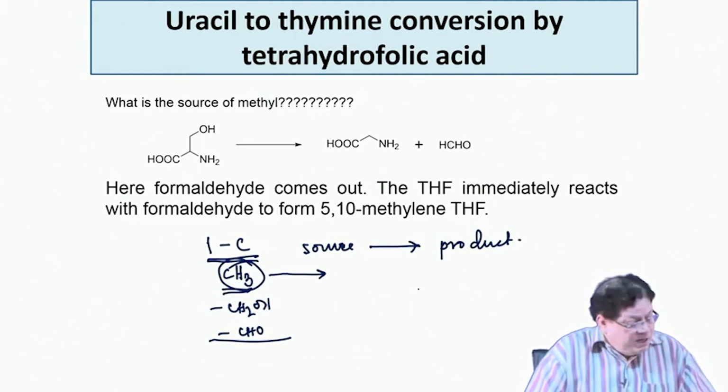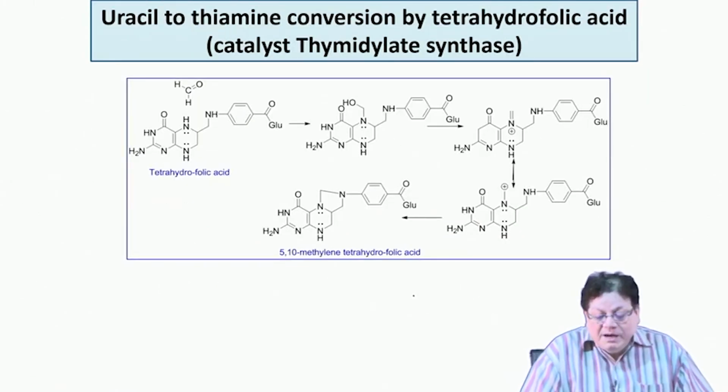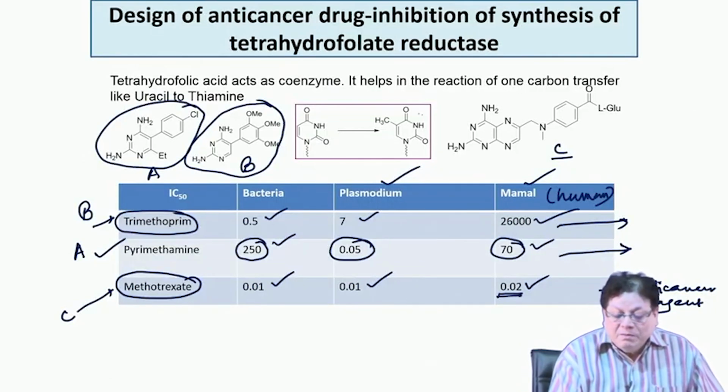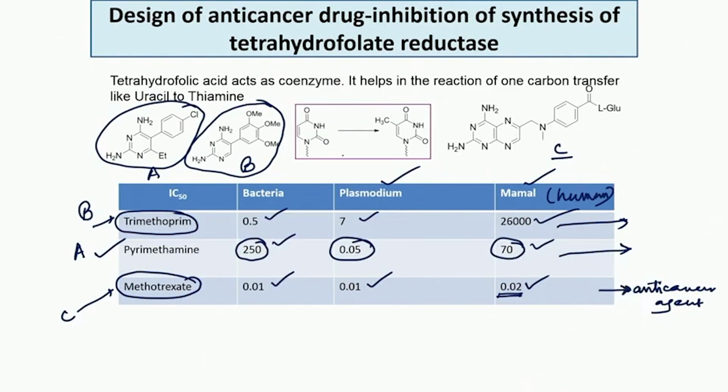Because you know that in RNA uracil is the base, and in DNA thymine is the base. Interestingly, this thymine is generated from uracil, which is attached to the sugar and a phosphate, okay, and which is called uridine monophosphate.